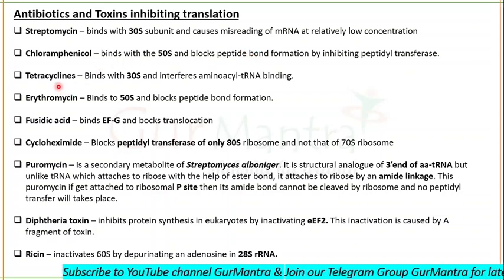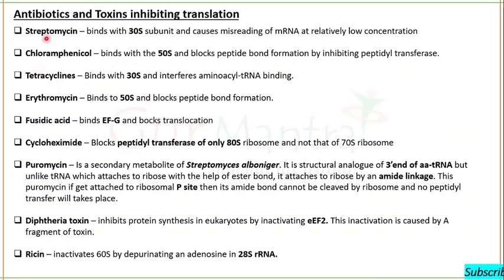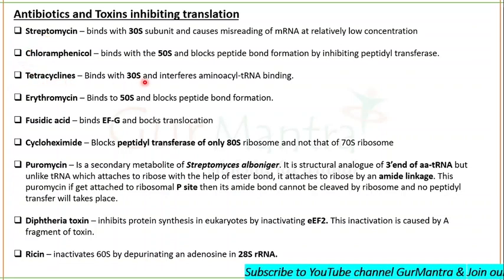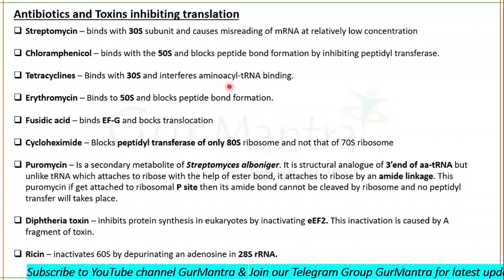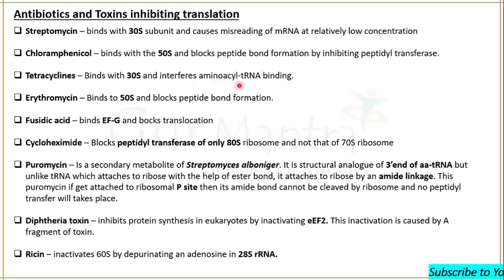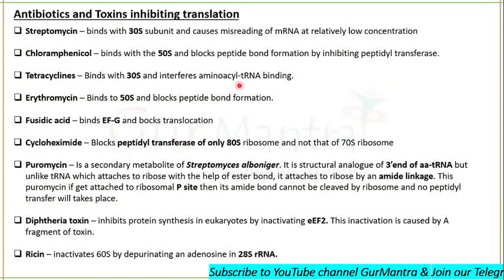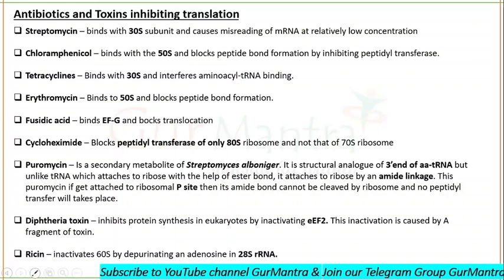Fine. Tetracyclines, just like streptomycin, also bind with the 30S subunit, and by binding with the 30S subunit, they interfere with aminoacyl tRNA binding. There is a difference between streptomycin inhibition and tetracycline inhibition.